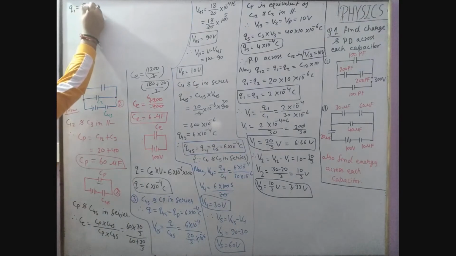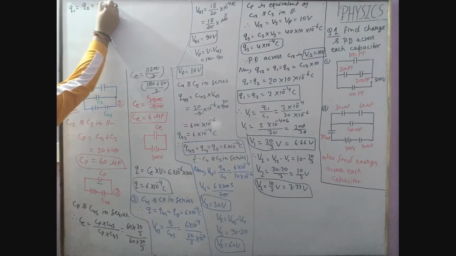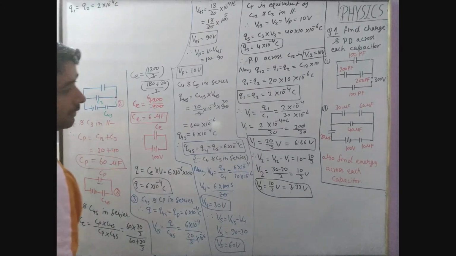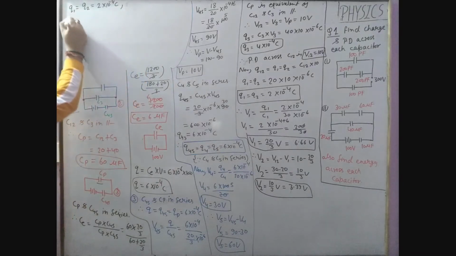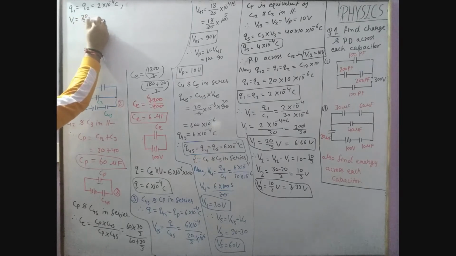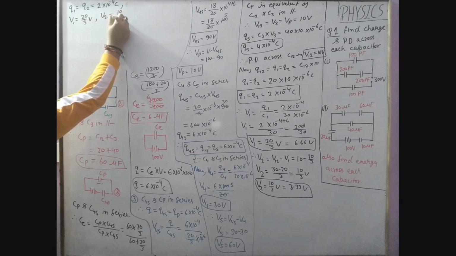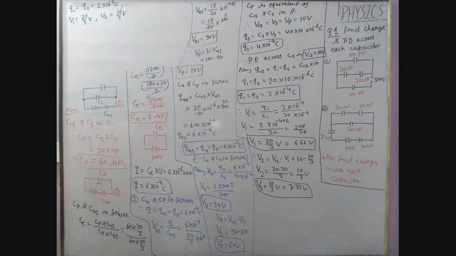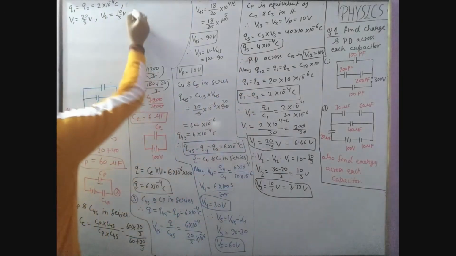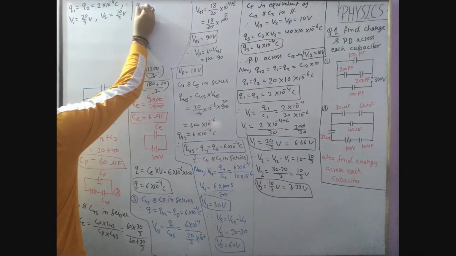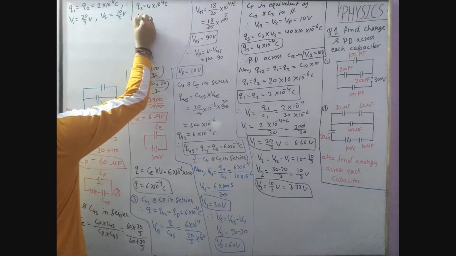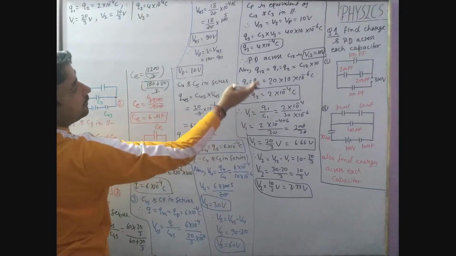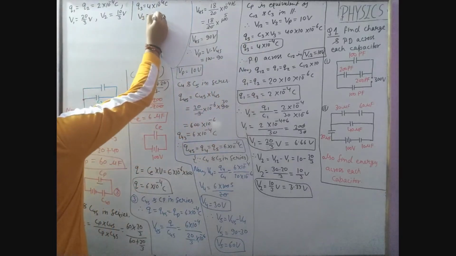Q1 equal to Q2 equal to 2 into 10 to the power minus 4 coulomb, and their respective voltages: V1 is equal to 20 by 3 volt and V2 is equal to 10 by 3 volt. Now Q3 is equal to 4 into 10 to the power minus 4 coulomb and V3 is equal to 10 volt.